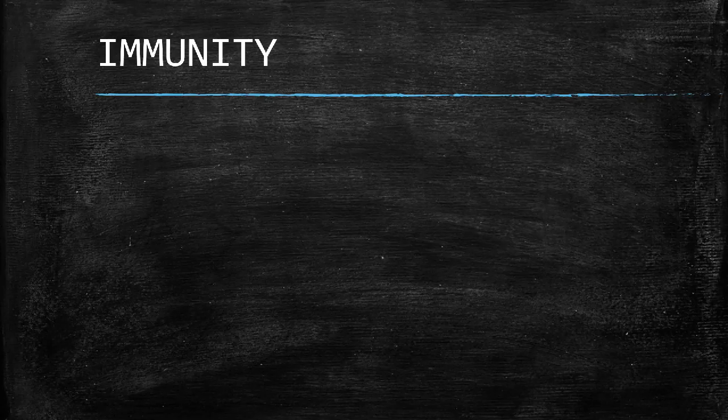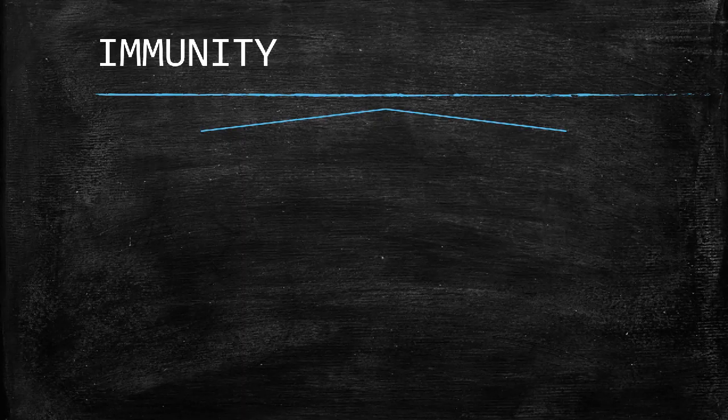Immunity. There are two types of immunity, which is innate and acquired. Every living thing has some form of innate immunity, which is the general defense mechanism it employs against an intruder. Acquired immunity is where the body remembers an infection so that it can react to it promptly should it happen again.